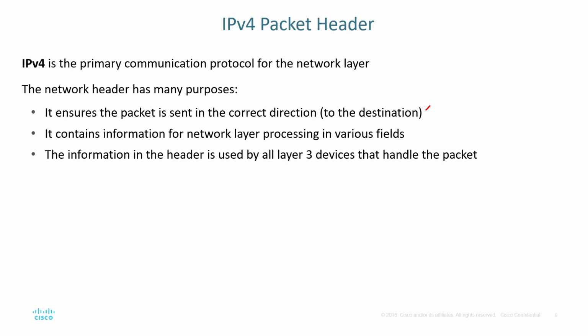So your routers decide, if they know where to send it, what exit interface to use in order to pass it along its path. When we get to routers, we'll talk about this little thing called recursive lookup.